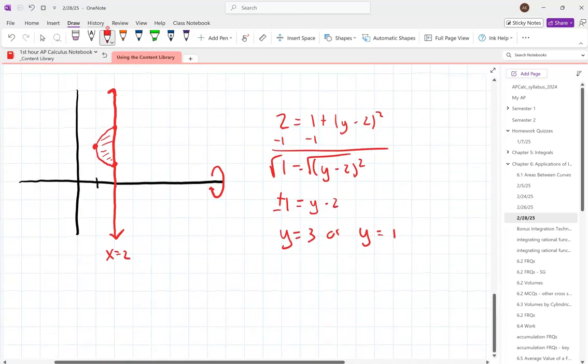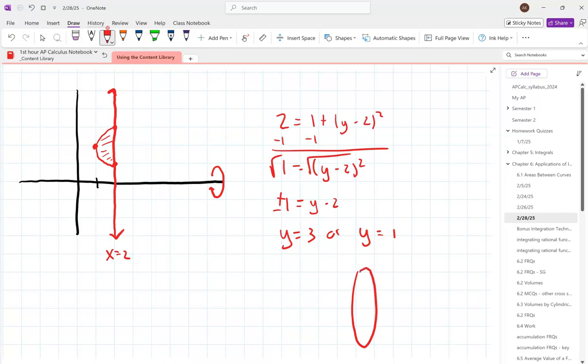So if we look at this in 3 dimensions, it'll kind of look like this, I think.